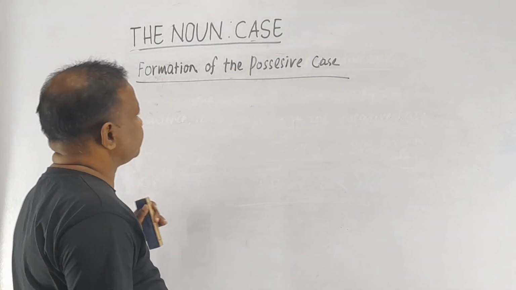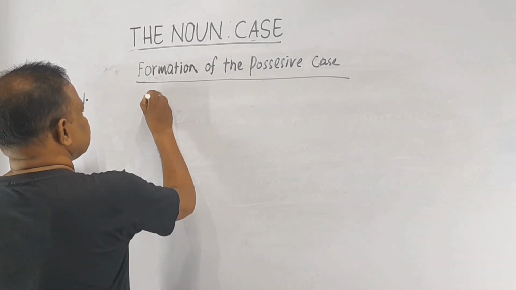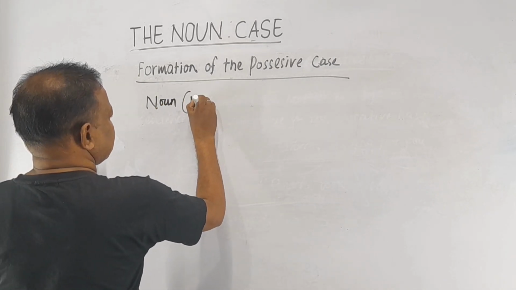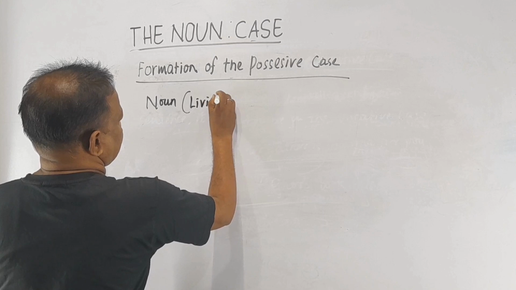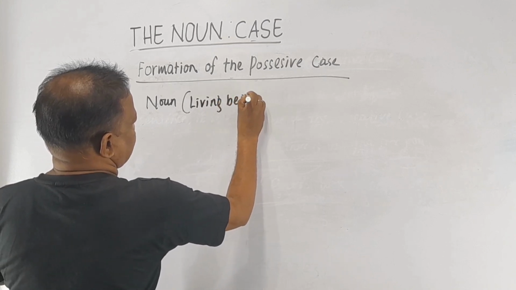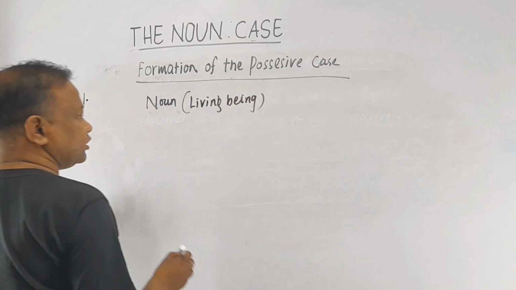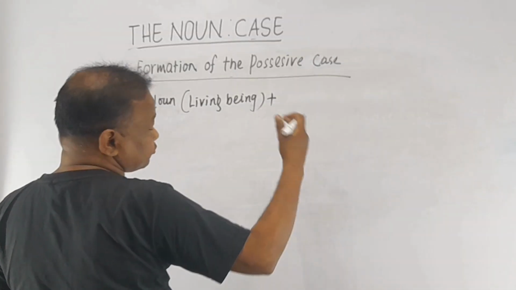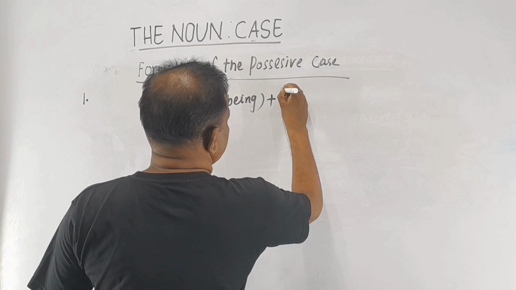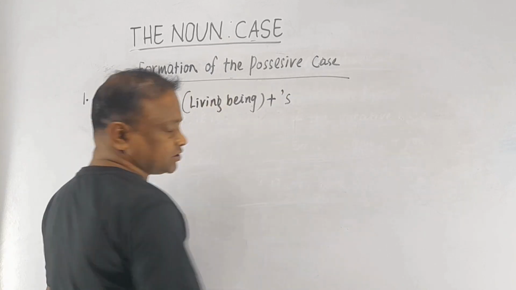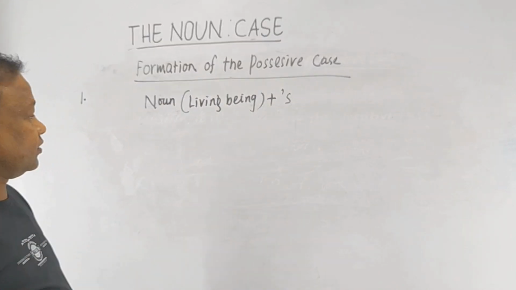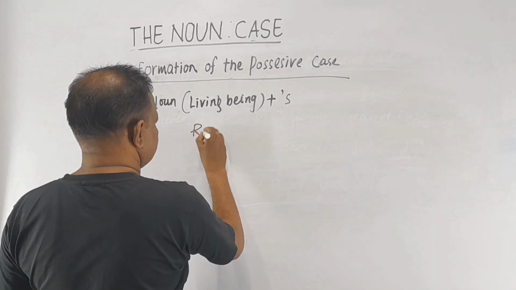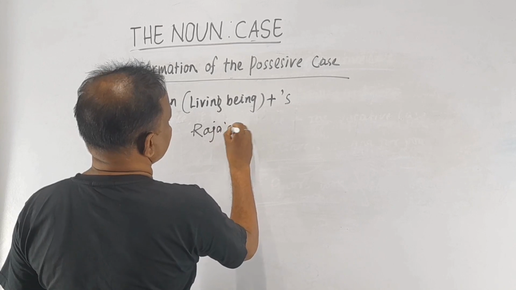If the noun is a living being, when you want to change this one into the possessive form, simply you need to add apostrophe s. In case of what? Living. So you may write Raja's book.